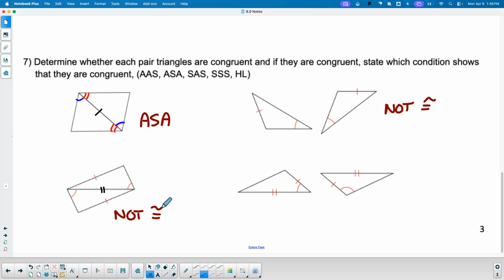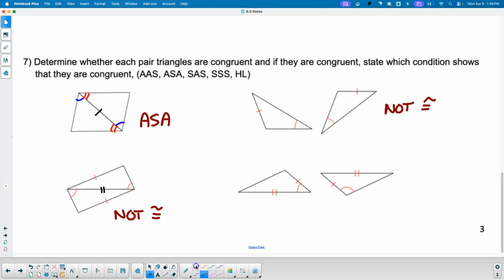Lower right, those 2 congruent? Yes or no? Why not? I got a side, right? And then I got an angle, and then I got a side in this one, right? Okay.